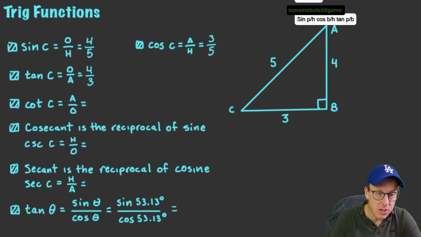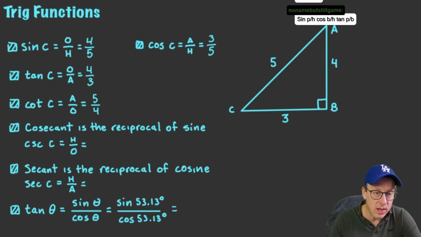The cotangent is just the reciprocal of the tangent, which means you just flip the denominator and the numerator, so the cotangent is going to be 3/4 in this situation, for C.